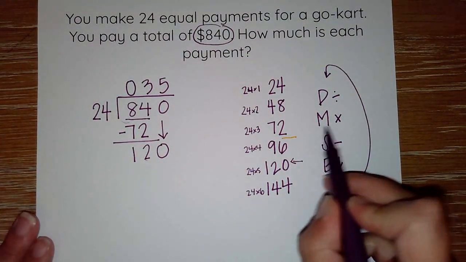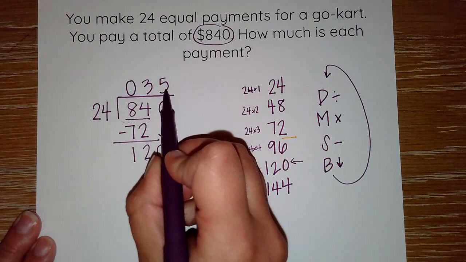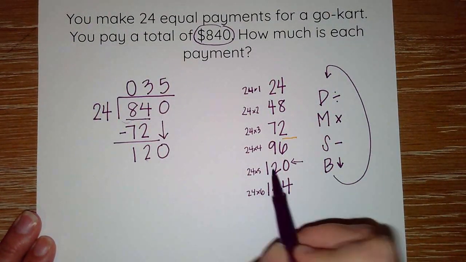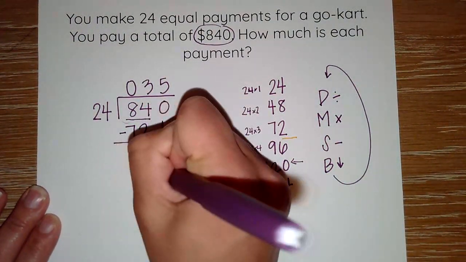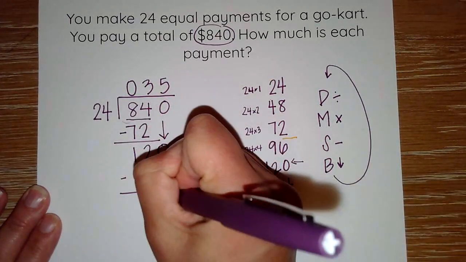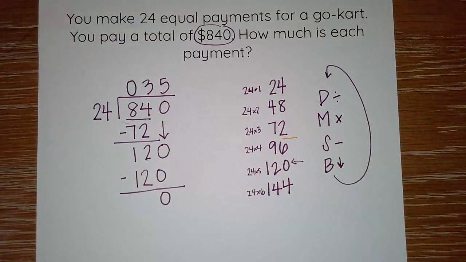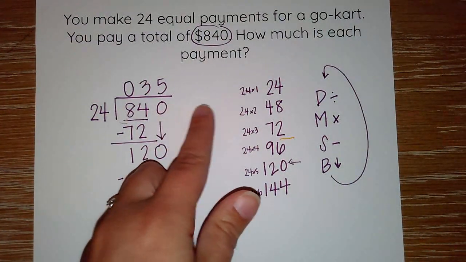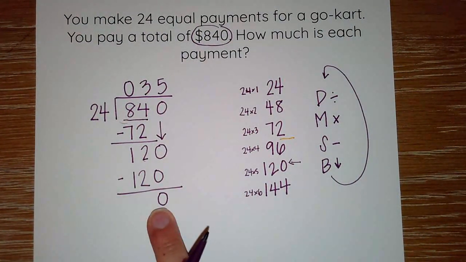Now I multiply: 24 times 5 equals 120. I subtract. 120 minus 120 is 0. Now, there are no more digits here, and there is a 0 here, so I am done.